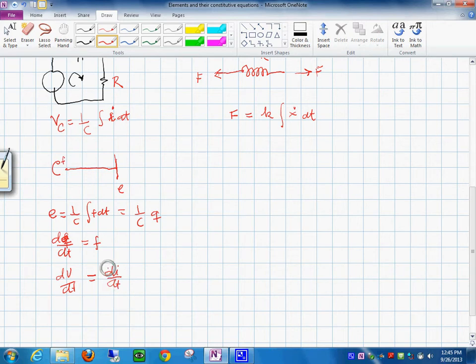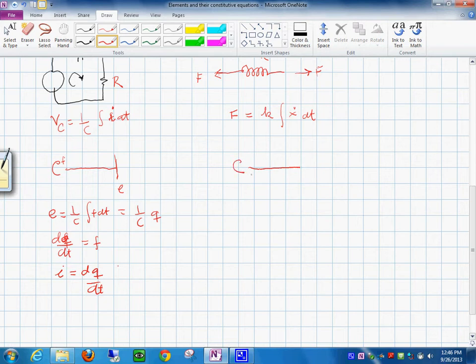So let's just erase this for a moment right now. What I'm trying to say for this particular example is that I is equal to dQ dt. Or the other way around, dQ dt is equal to I, consistent with this. So these two equations are the ones that control this form. But if you have the other form, we have it this way.